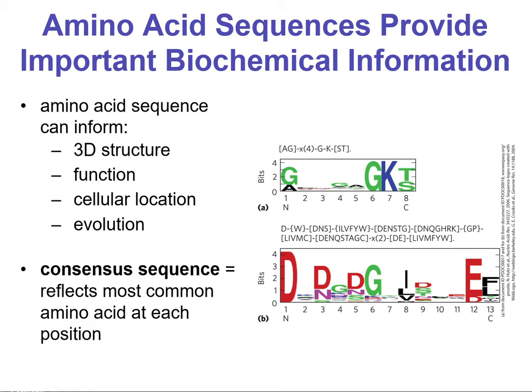So on the right, what we're looking at is kind of these conservation charts where the size of the letter indicates how well it's conserved. And then N to C, we're talking about the N terminus to the C terminus. So really big letters, conserved. So in B, that D, which is aspartate, highly conserved.